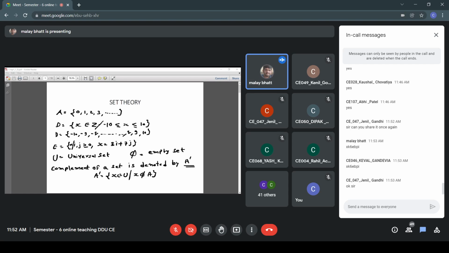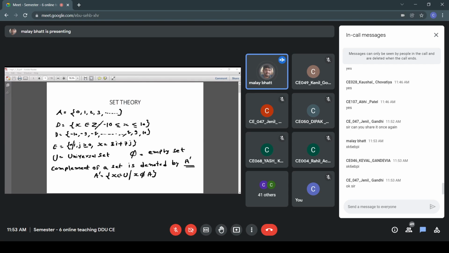So these are the three common ways to represent a set. Either you specify the direct numbers, you specify the range, or you specify the mathematical equation, and you can represent the elements of the set. Also, the set can be infinite, or the set can have a finite number of elements in it. We represent the universal set as U. We represent the empty set as phi.